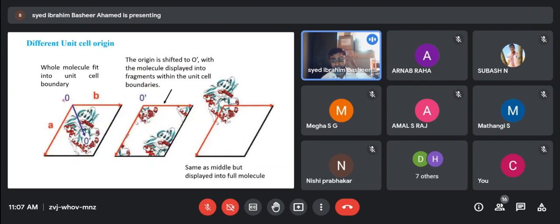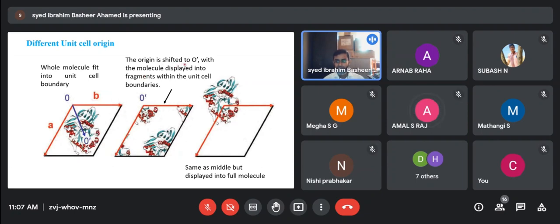Previously, when the origin was 0 here, you had the entire molecule. But now you are shifting the origin. Just assume you are moving this window to this point. When you move this, you will have only this portion on top, and correspondingly the other portion at another corner.